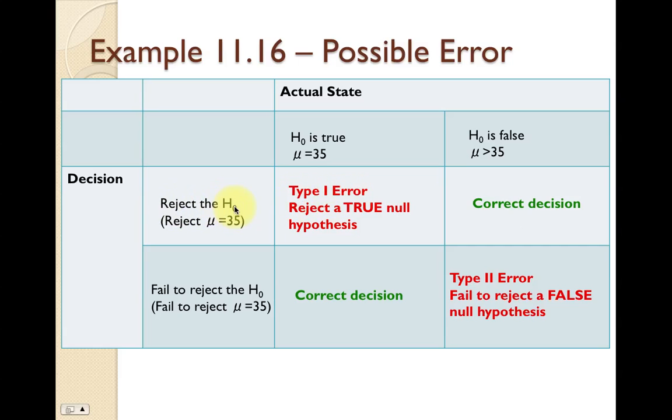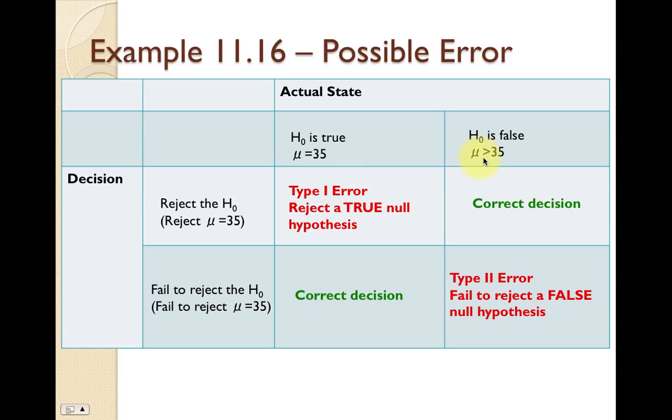Type 1 error is possible when your decision is to reject the null hypothesis. A type 2 error is possible when your decision is fail to reject a null hypothesis. So in this problem, we might have made a type 1 error, or we could have made the right decision.